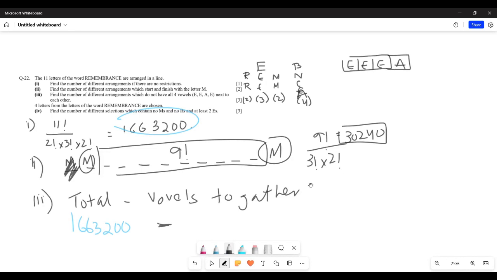These are all the vowels, so that's going to be 4 factorial. Consider this a group. So take away 4 from 11, that's going to be 7. So 1, 2, 3, 4, 5, 6, 7. And in total, it's going to be 7 plus 1, 8 factorial. So it's going to be 8 factorial times 4 factorial when vowels are together. So when you subtract them, you get all the arrangements where the vowels are not together.